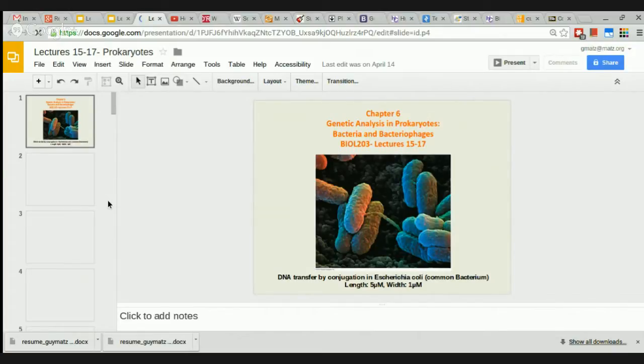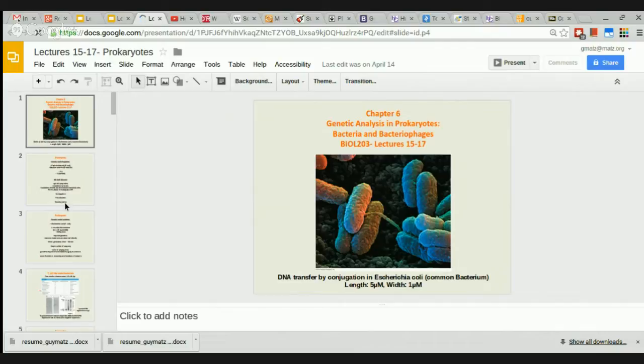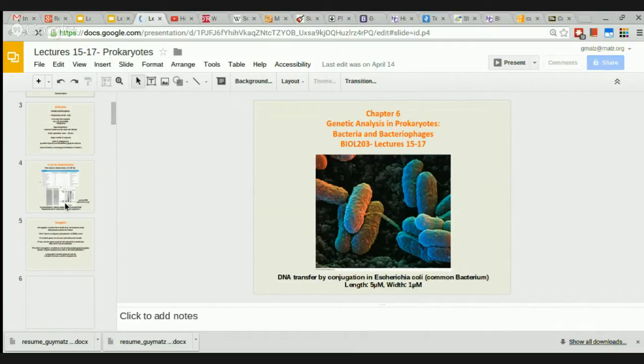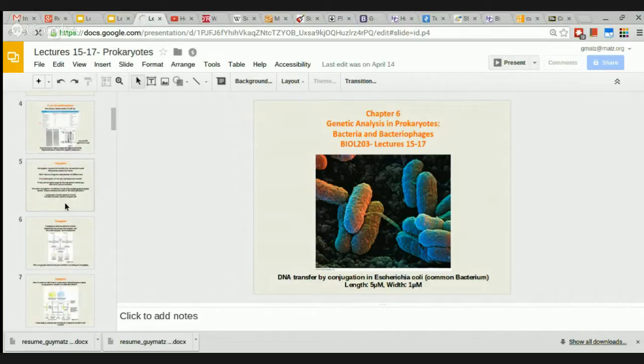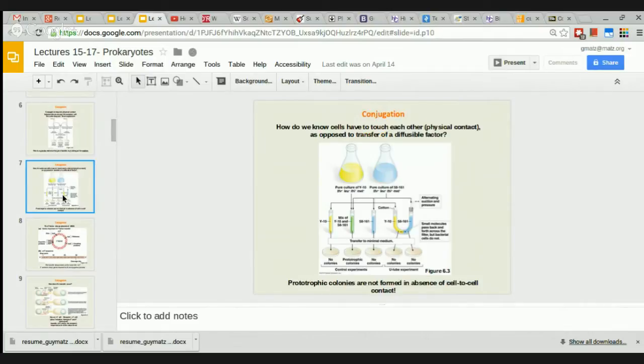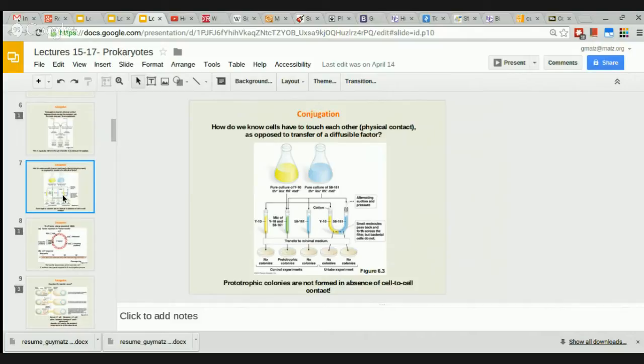So the first was the Tatum and Lederberg experiment, and then you have the other experiment that was done, and we can start. Maybe you can just talk about this for a second. That actually showed that horizontal gene transfer, like now we know conjugation, requires physical contact between cells.